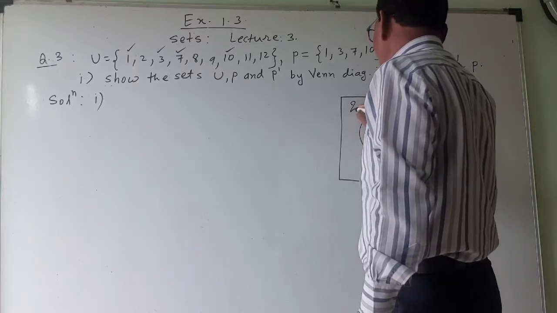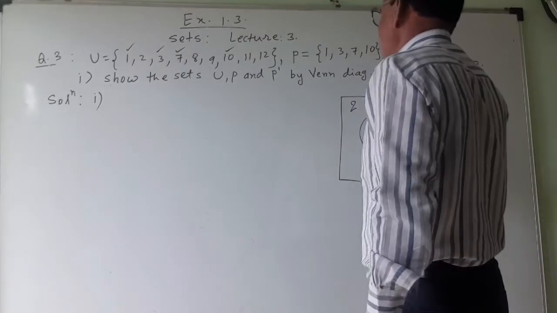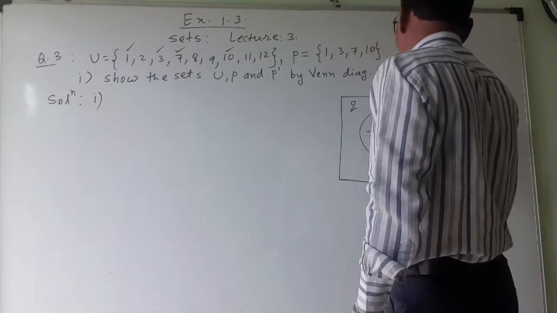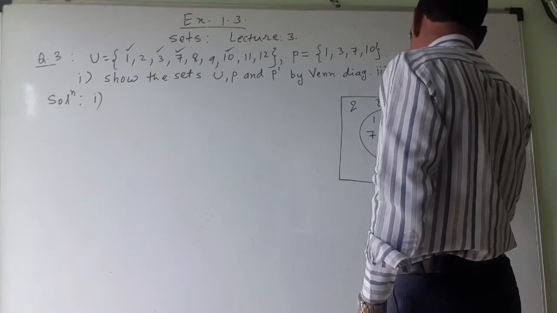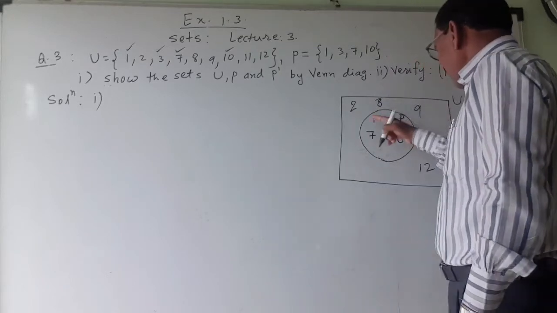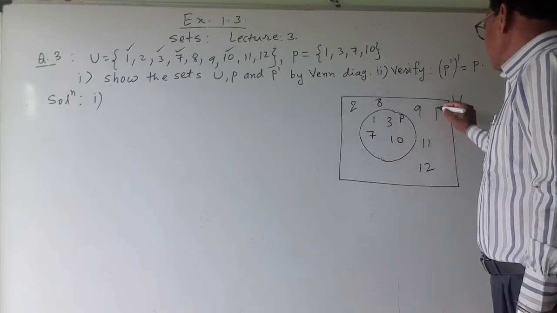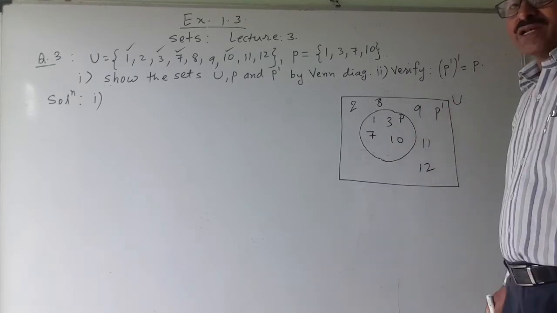Then 2, yes, it is not here, it is there. Now remaining are 8, 9, 11 and 12. This internal part is P. So the remaining is P dash, meaning P complement.